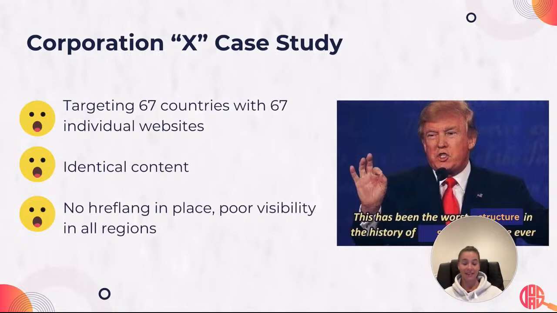They had identical content and they didn't have hreflang in place and pretty poor visibility in all regions. So this case is kind of dire. Usually an international business would kind of know what they're doing from the start, but these guys, they really needed help. The only visibility they had really was the .com domain, that was their US global domain, and their UK domain.